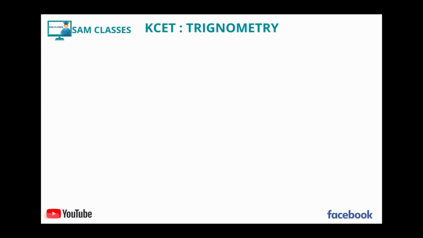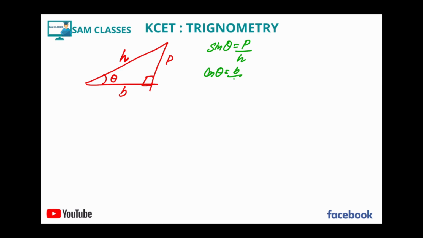So trigo, we first learned in class 10th, if you remember, that we used to have a 90-degree triangle and then we used to have an angle theta here. So we used to define sine theta. We used to say this is the perpendicular for this angle, this is the base, and this is the longest side, hypotenuse. So we used to define sine theta is equal to perpendicular by hypotenuse, cos theta is equal to base by hypotenuse, tan theta is equal to P by B, perpendicular by base, cot theta is equal to base by perpendicular.